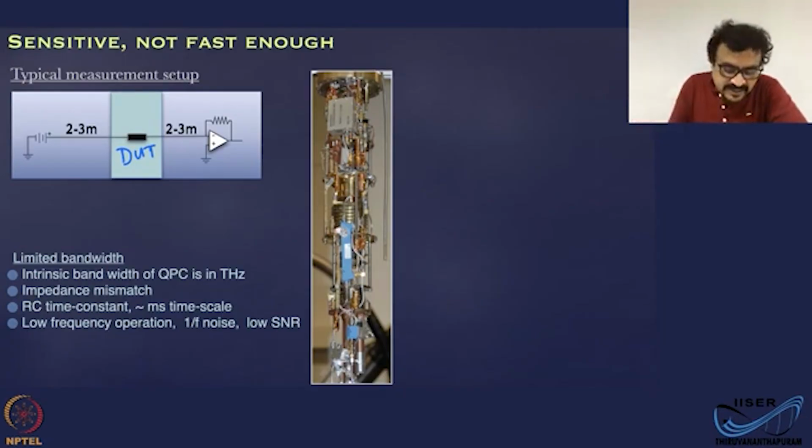So you have many meters of wires connected to both the source and drain side, and then you have an amplifier which is connected to the device.